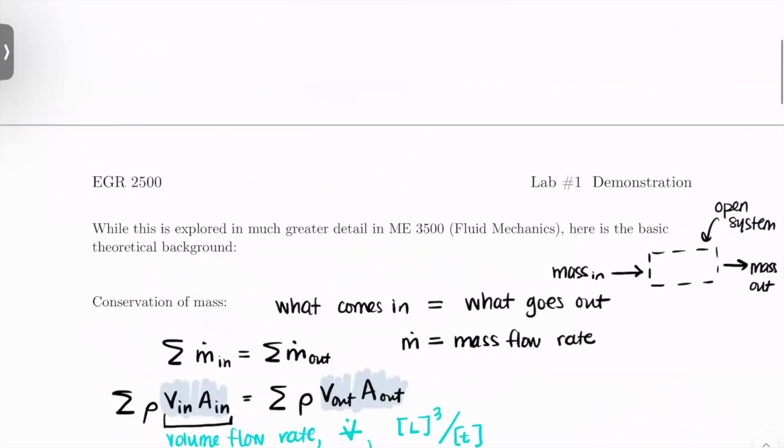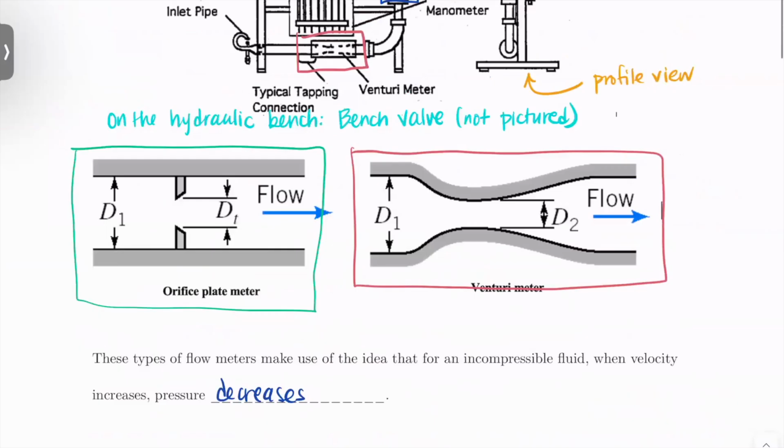So if we go back and look at our flow meter devices, if you'll notice, both of them have different variations on flow basically passing through a constriction. One of them is a sudden constriction and one of them kind of tapers down nicely, but we know we have an inlet diameter D1 and then a tapered diameter D, this should be a 2.